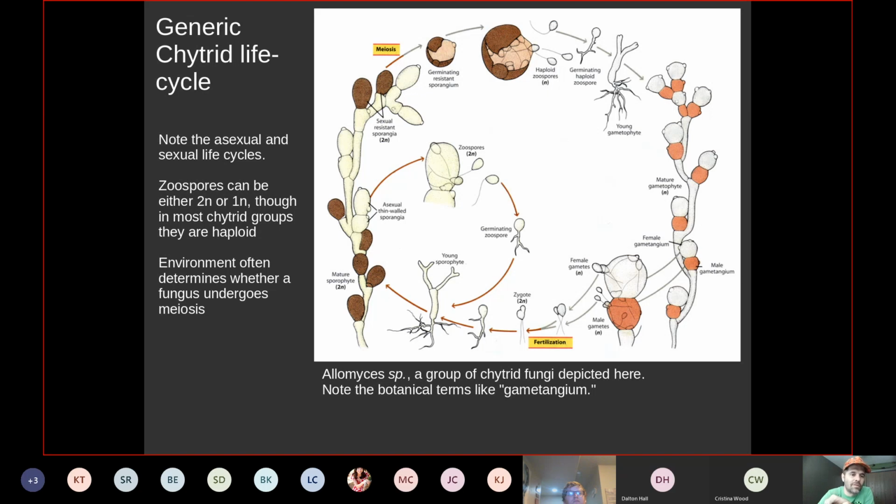If things are looking bad for you, it's adaptive evolutionarily to mix things up, randomly roll the dice, and hope that those offspring are going to do better in this environment. And so it undergoes meiosis, and that's where we get our haploid zoospores, making our multicellular haploid gametophyte generation. This is just like the alternation of generations for plants. Okay.